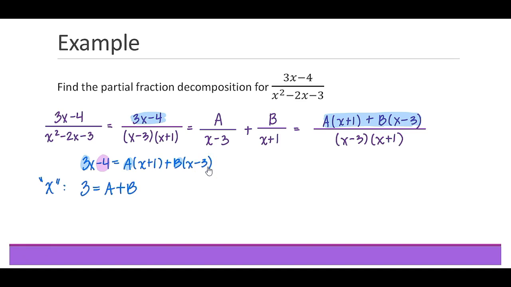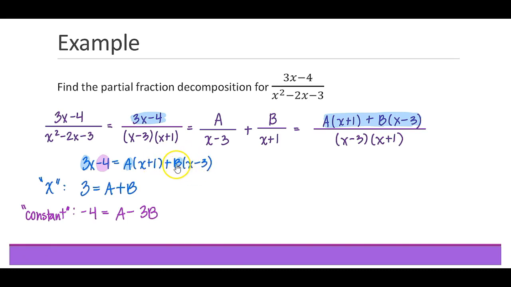So those are going to be all the terms that don't have x's involved. The constant terms on the left, negative 4, would have to equal, on the right, a, and then minus 3b.